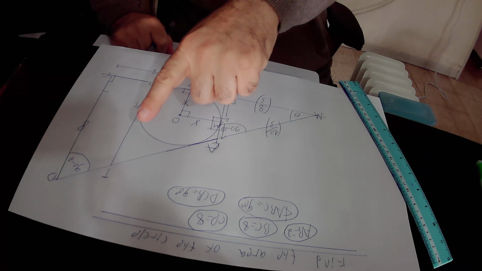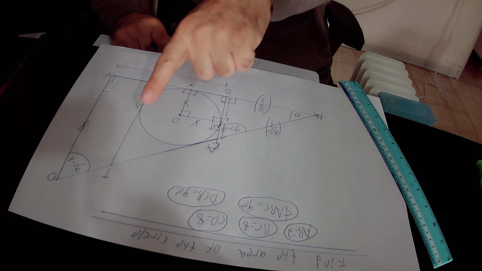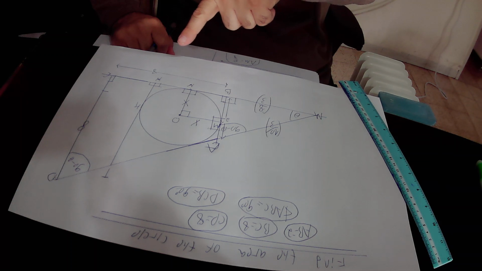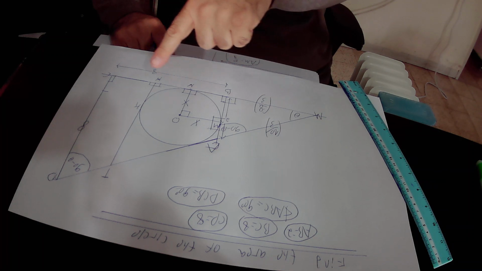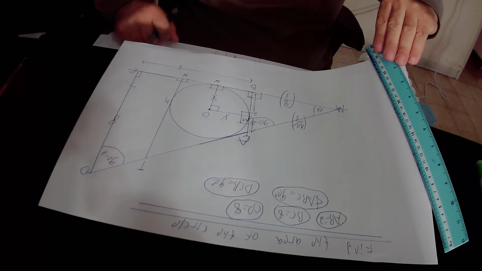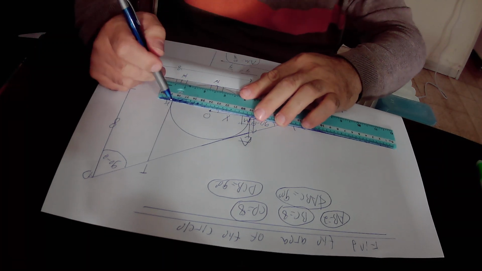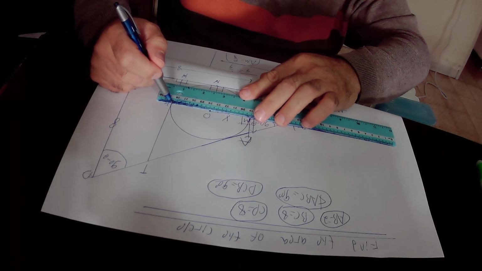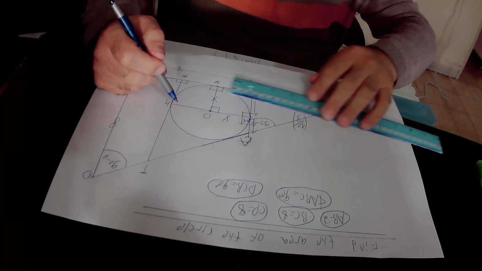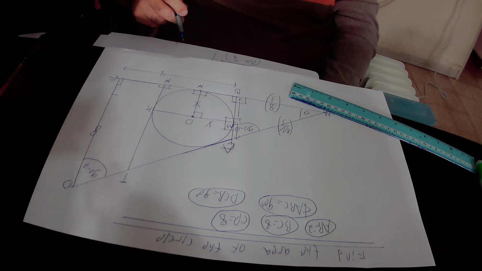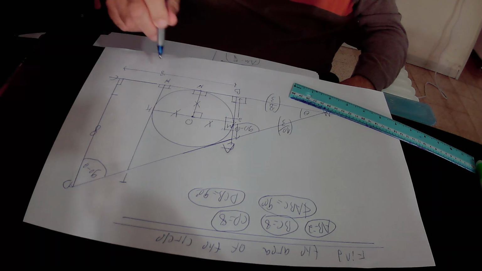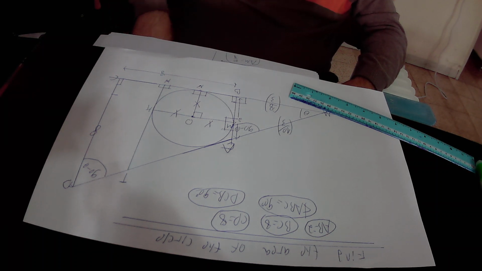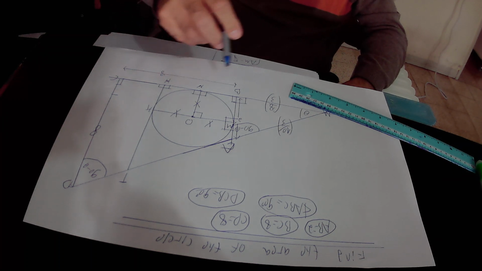So actually, tangent TH is tangent to the circle at point K. We will join points O and K together by a straight line. OK is the radius of the circle that is equal to X. The radius OK is perpendicular to point K, that is the point of tangency, of tangent TH of the circle.